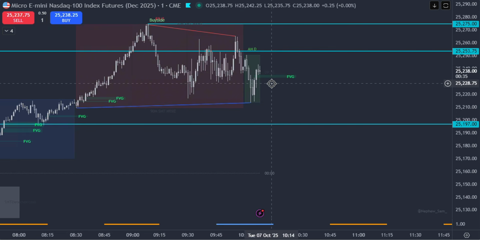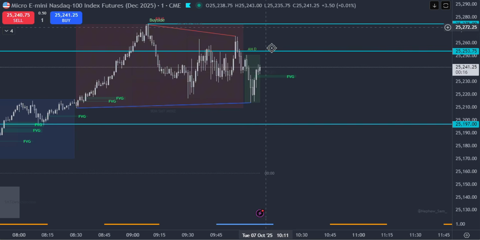Whenever there's an SMT, you're going to end up catching either a reversal or an expansion. So just keep that in mind. Study it, and especially if you're doing it during a time of interest, you're going to see big candles, right?